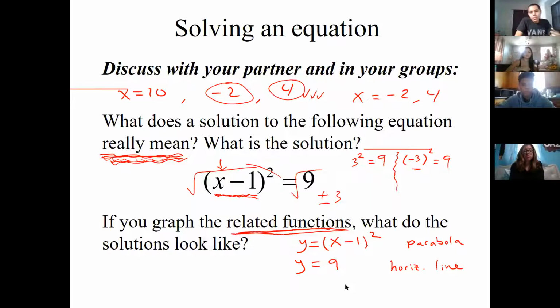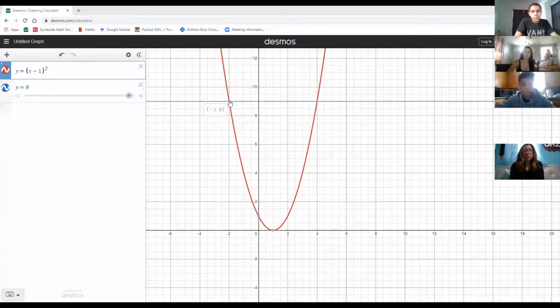So if we went back to the other screen, what's the y coordinate where they intersect? 9. Crazy, right?